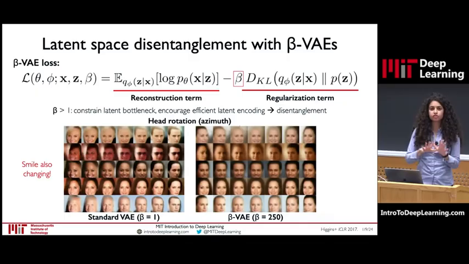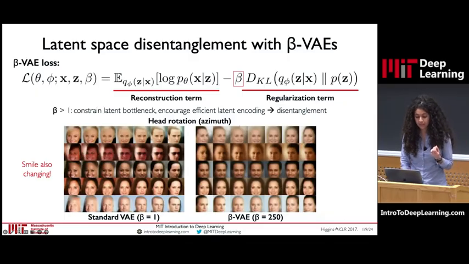And so there's more details in this paper that go into the math of why this works. But the concept is by imposing stricter regularization, you can now try to disentangle these variables more strongly.